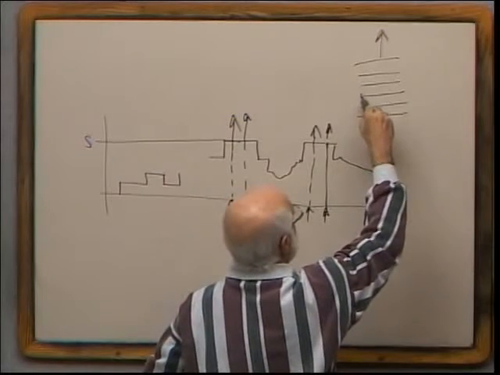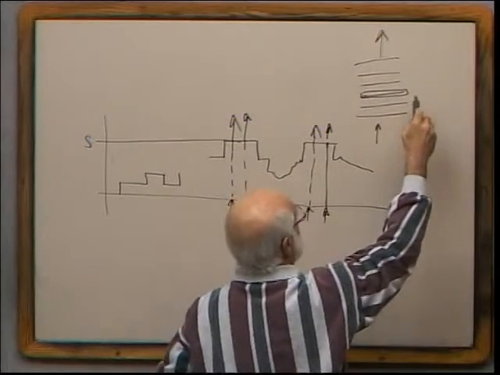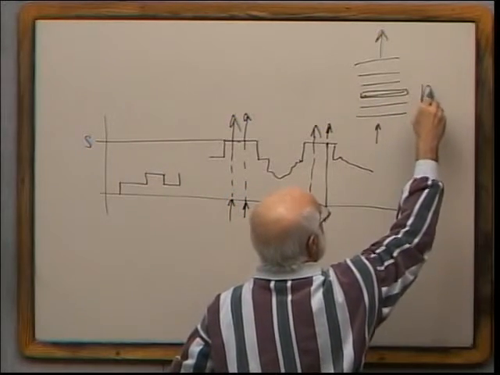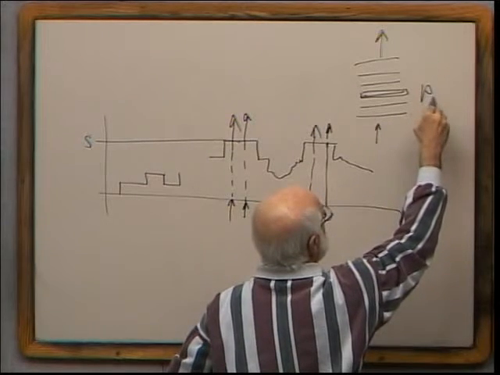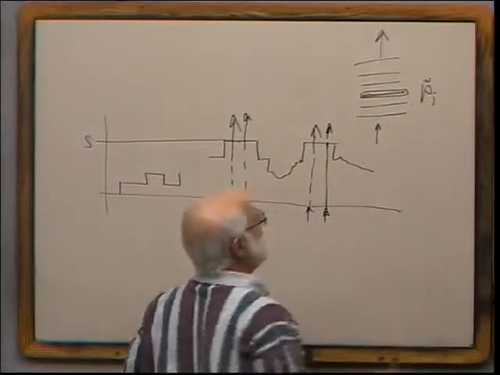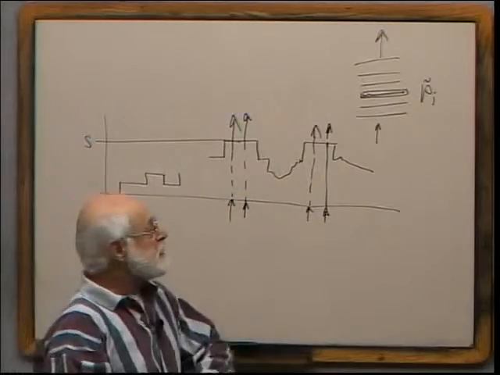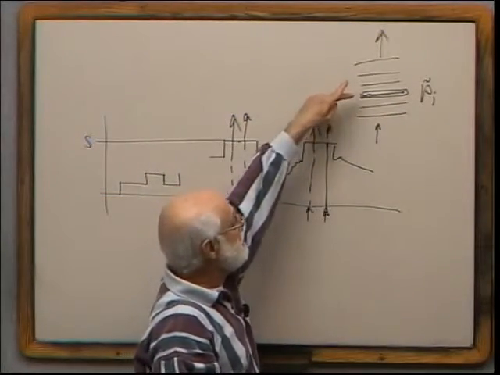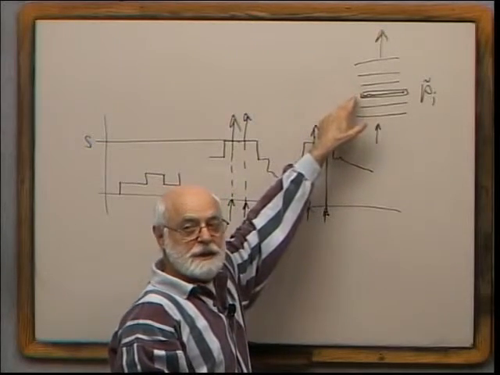I want to calculate the probability, which I'll call P sub j hat, which is the probability that a specific server is busy. And the probability it's busy is the same thing as its utilization. It's the same thing as the load carried by that server, as we'll see.